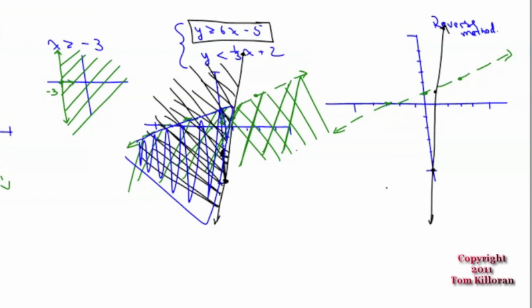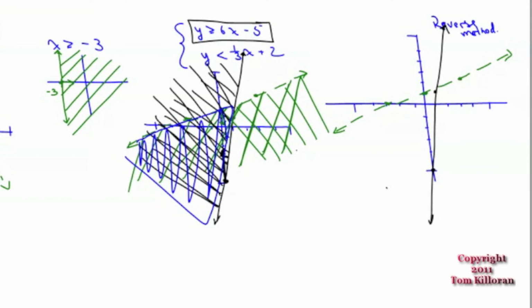And the reason it's called the reverse method is you're going to shade opposite the answer, which sounds a little weird, but the problem is the answer becomes so messed up that it's really hard to see if you do it by pencil or pen.